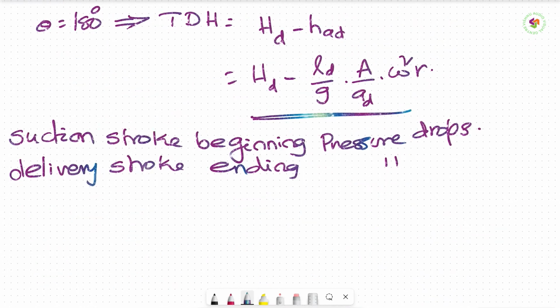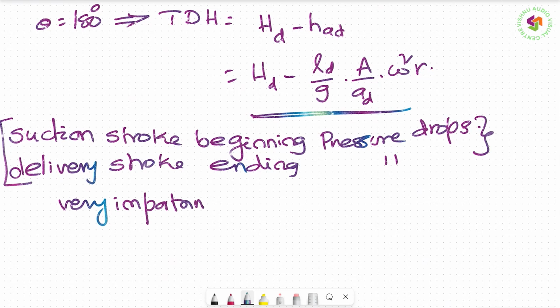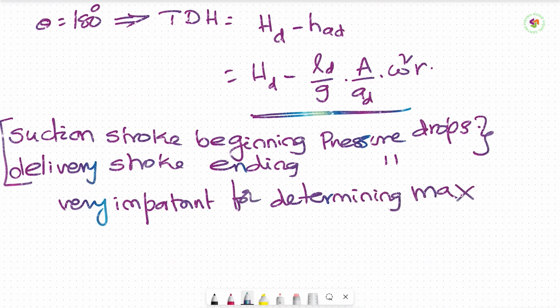So these issues are very important. These two are very important for determining the maximum speed of the reciprocating pump.